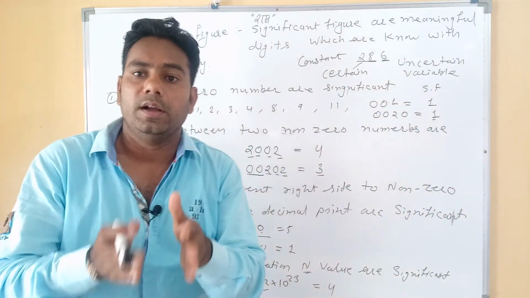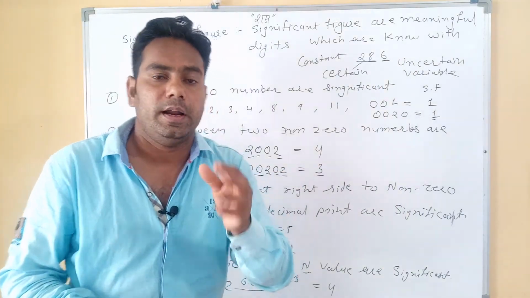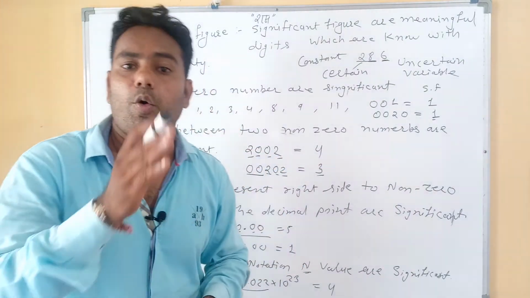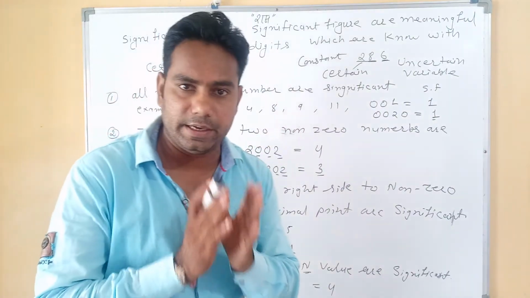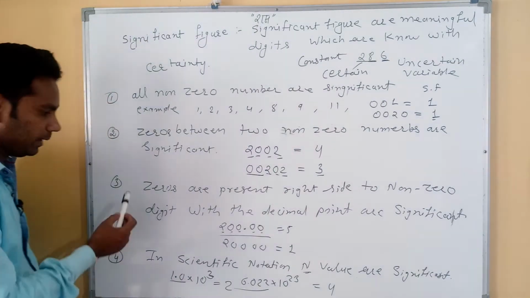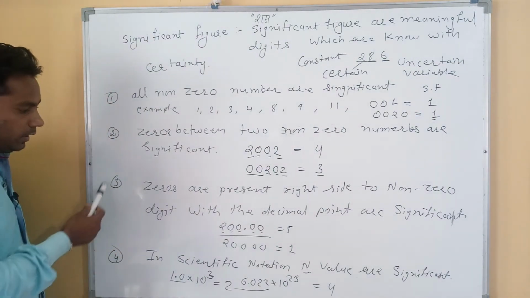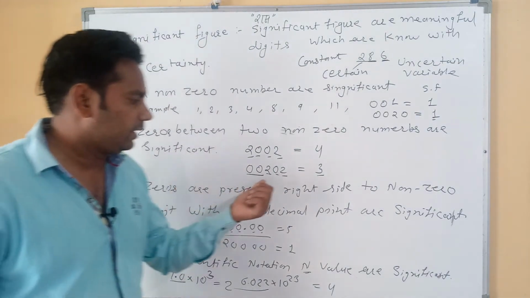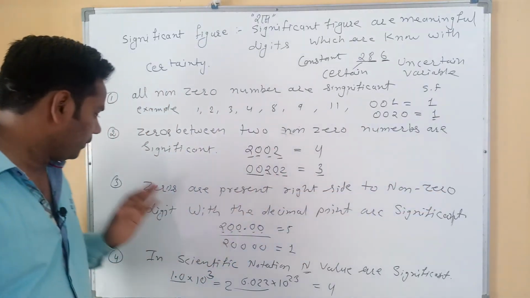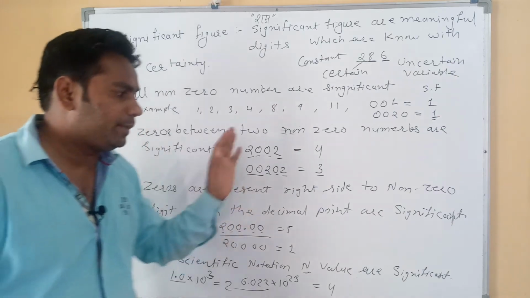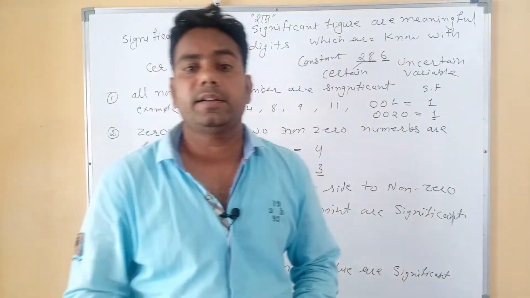Here 4, it means significant figure is 4. It means in this number only 4 digits are significant. Clear? Then the next rule: zeros present to the right side of a non-zero digit with a decimal point are significant.